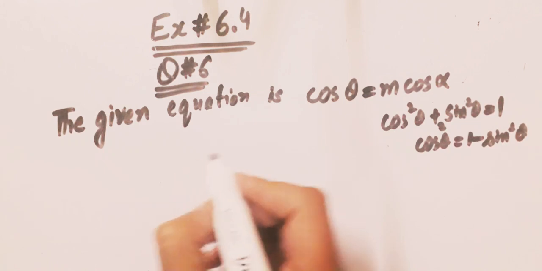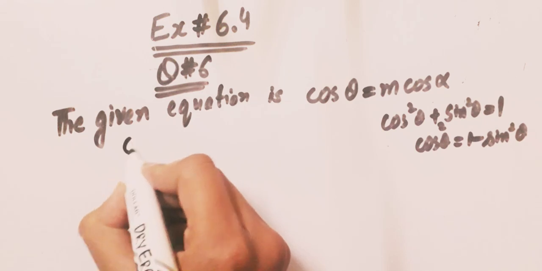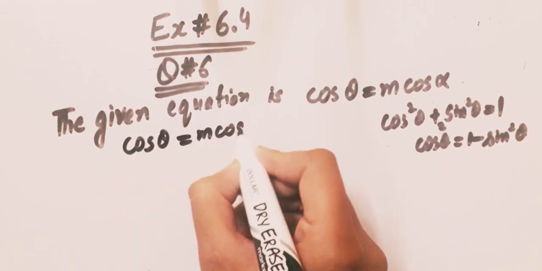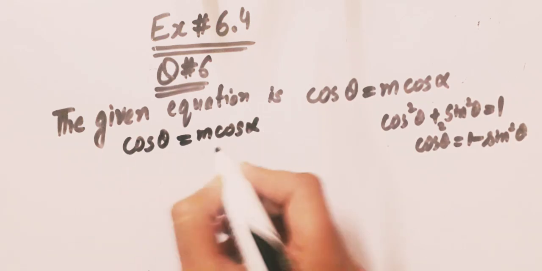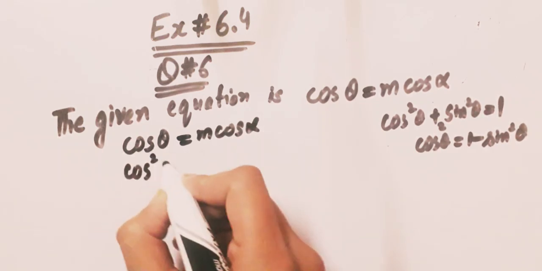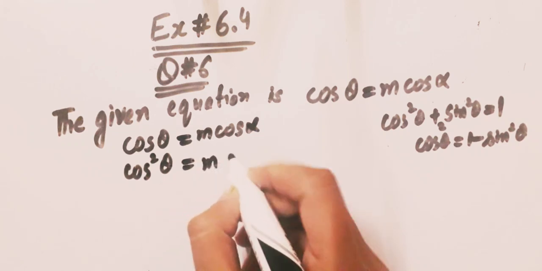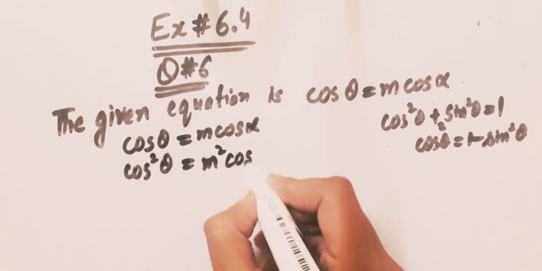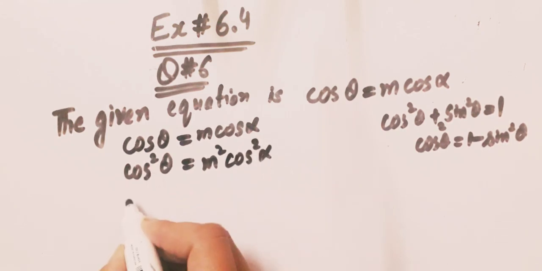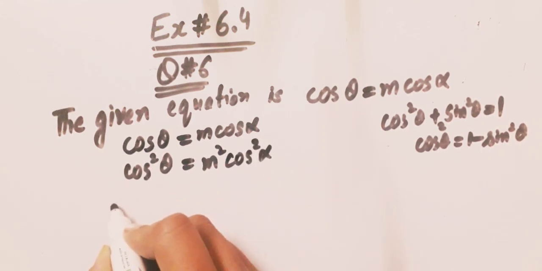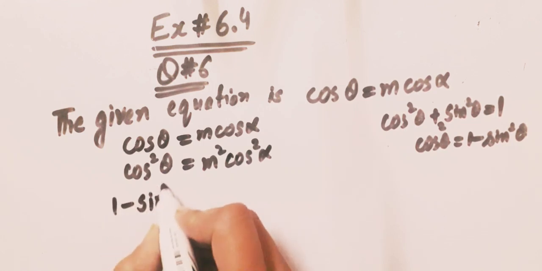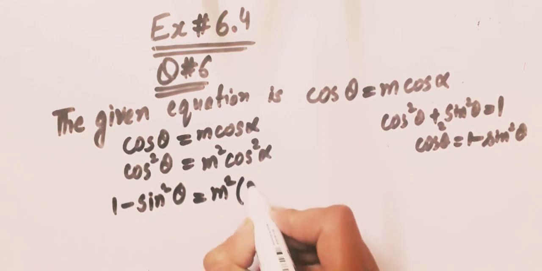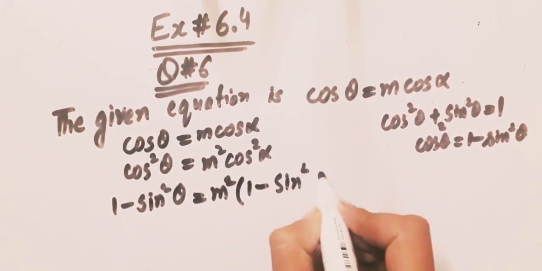First of all, cos theta is equal to m cos alpha. You will take the square on both sides. It will become cos square theta, which is equal to m square cos square alpha, as m is a constant. Now cos square theta is equal to 1 minus sin square theta and m square cos square alpha is equal to m square into 1 minus sin square alpha.